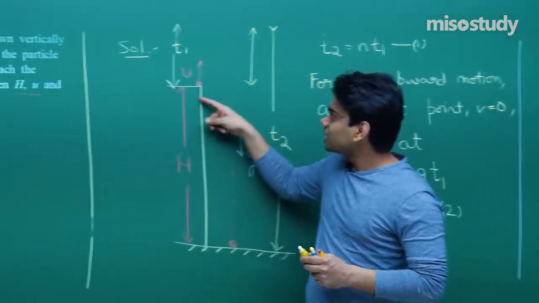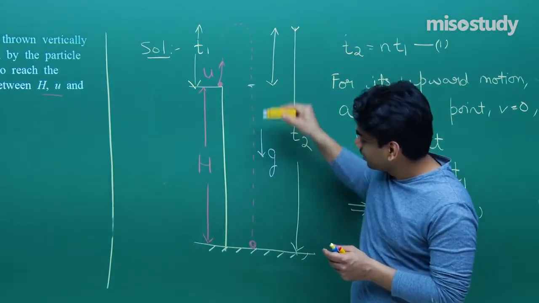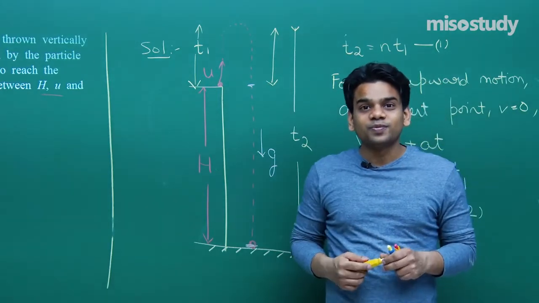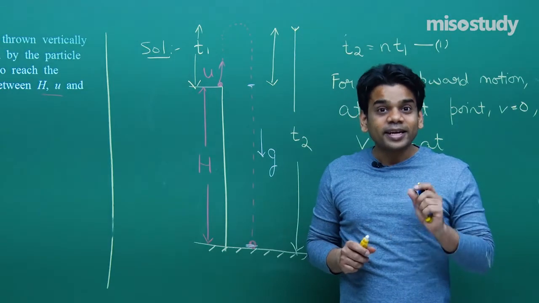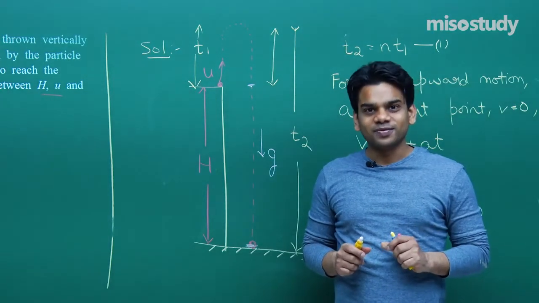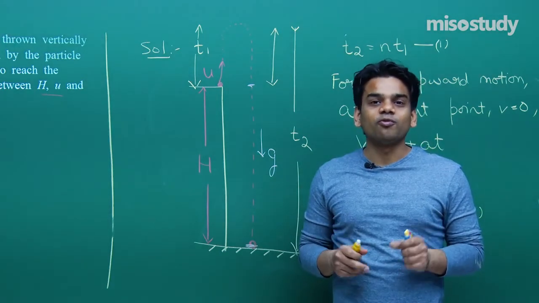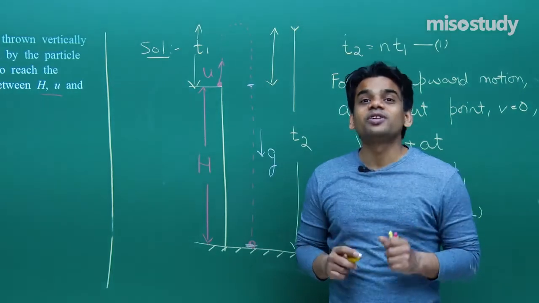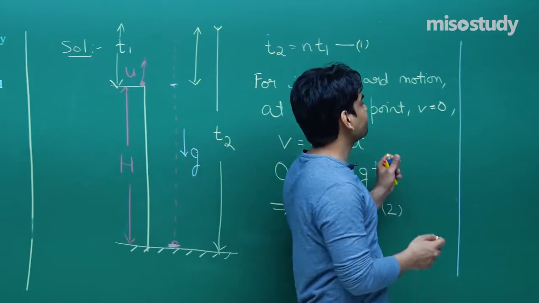As it moves up and comes down, the displacement will be only taken from here to here. In class, I have told you, displacement is only taken from initial point and final point, and its sense also should be taken wisely. The quantities related in equations of motion are vector quantities. So you have to mention displacement with proper direction. Don't use plus h.